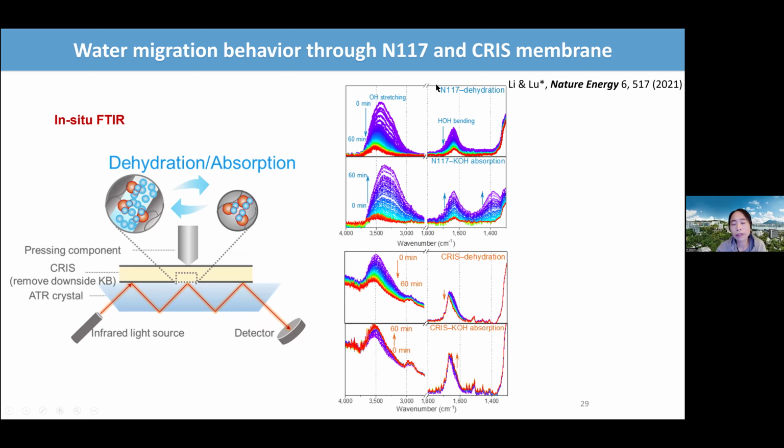You can see with the Nafion membrane, the water migration, the water movement, is very, very much faster compared to the crisp membrane, which has much more restrained water activity, water mobility.